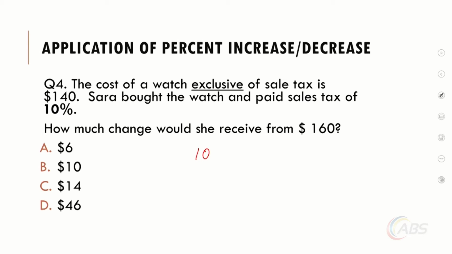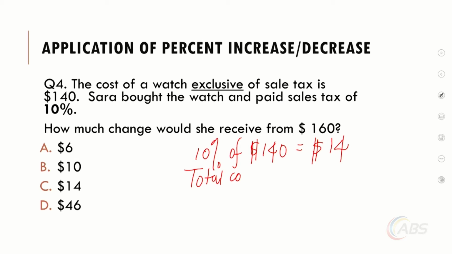10% of $140 is $14. Now that we have our 10%, we can find the total cost of the watch, which is going to be our $140 plus the tax, which is $14.